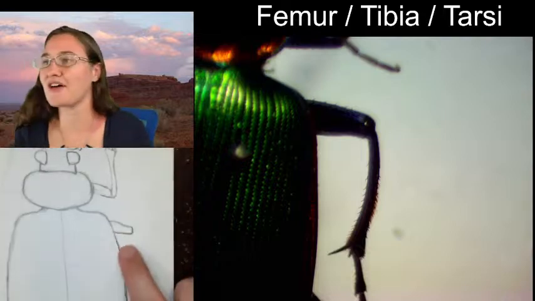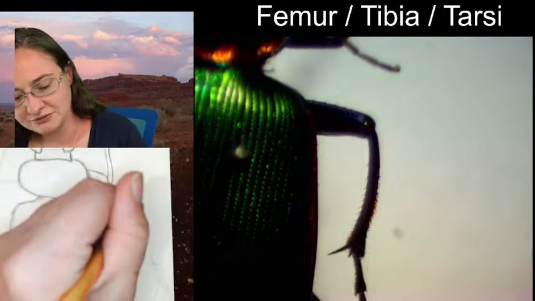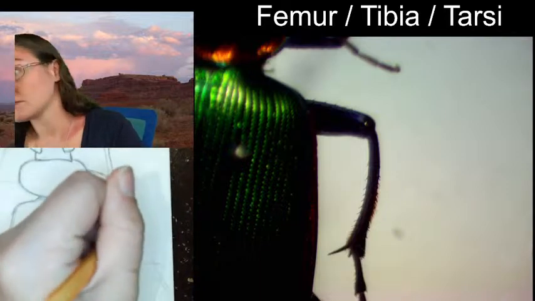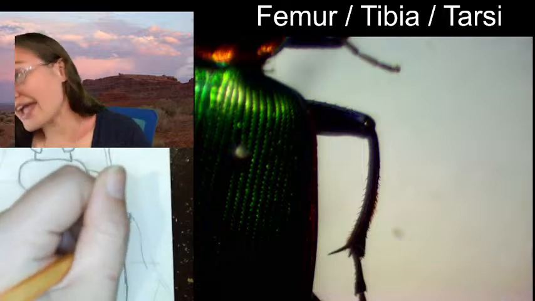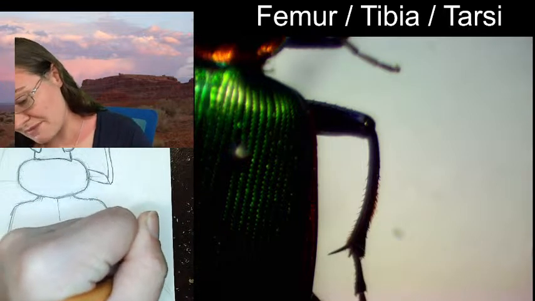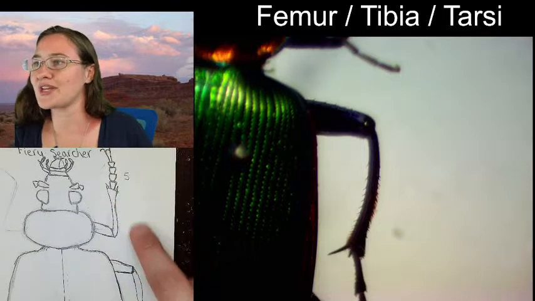Alright, so we've got a femur, and then my tibia is going to come down. And it does have a little bit of an arch that makes it get kind of wider at the base, just like how this one got wider at the base.